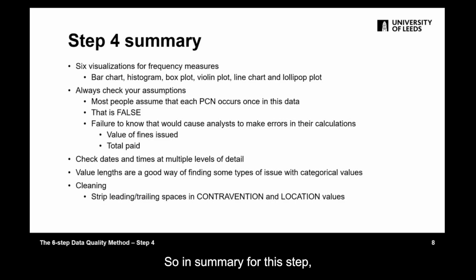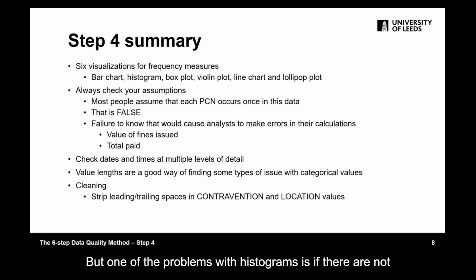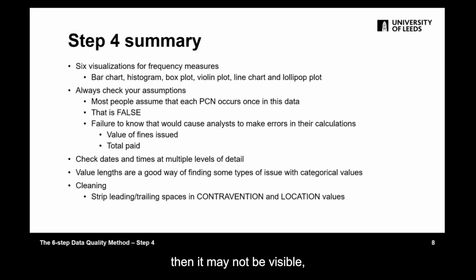So in summary for this step, I've showed you 6 different ways of visualizing frequency measures. One of those is a bar chart, which is effective when you've got a small number of groups of data. Another is a histogram, but one of the problems with histograms is if there are not many samples in one of the bins, then it may not be visible, though you can overcome that using perceptual discontinuity through packages like visDataQuality.